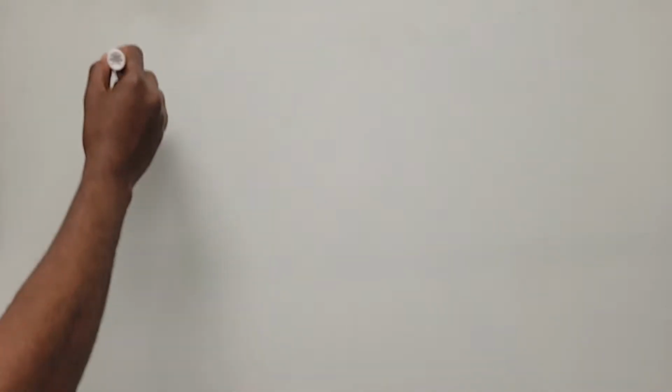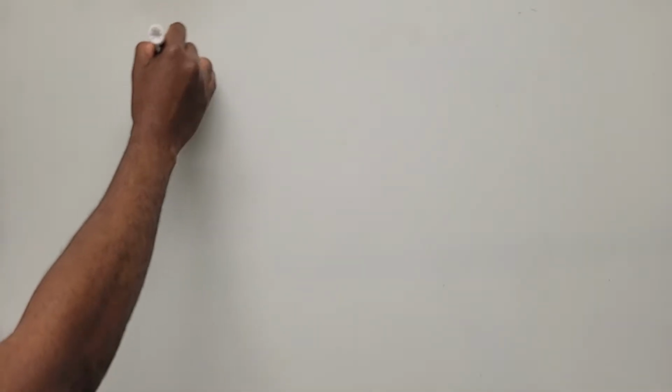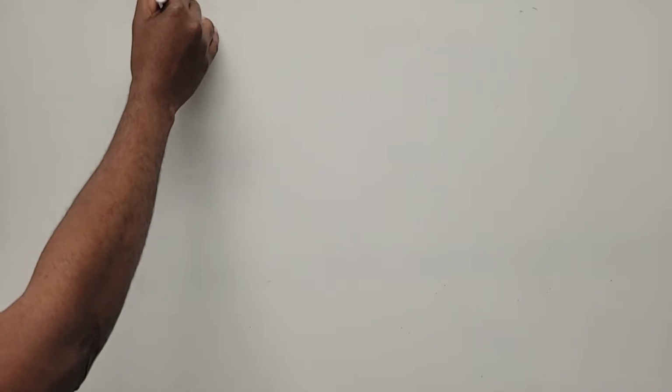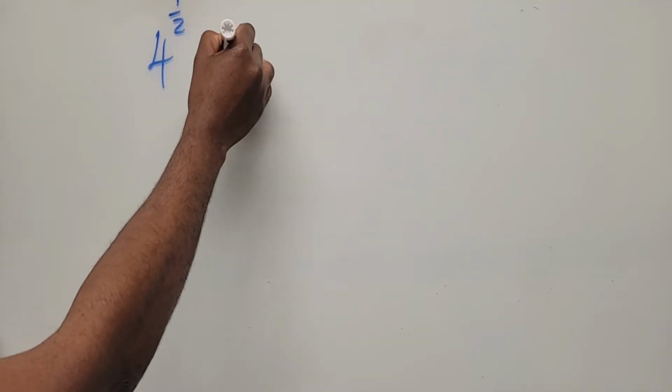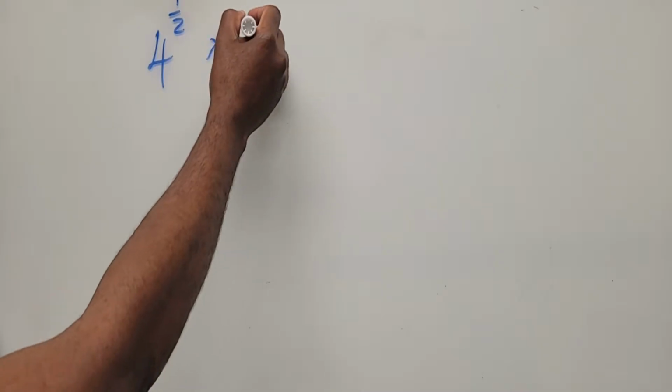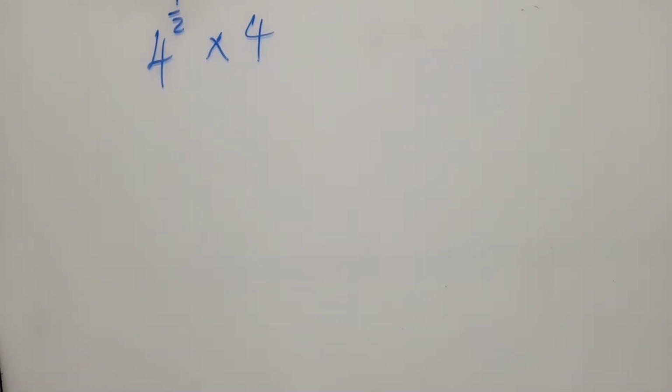So let's say, find the value of 4 to the power 1 over 2 multiplied by 4. Okay, 4 to the power 1 over 2 multiplied by 4.